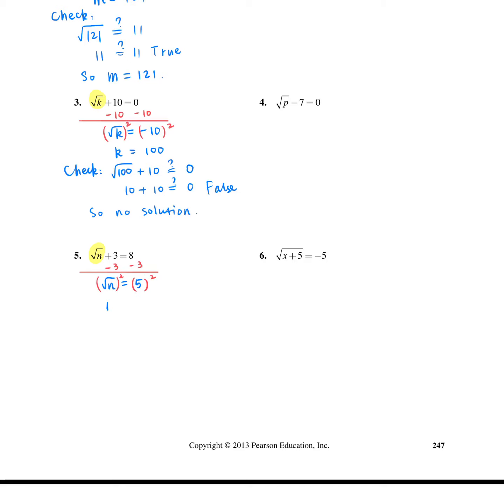And that will give us n equals 25. Now let's check our solution. Is radical 25 plus 3 the same as 8? Radical 25 is 5, so it's the same as asking, is 5 plus 3 8? Well, it is true. So we could conclude that our solution is n equals 25.